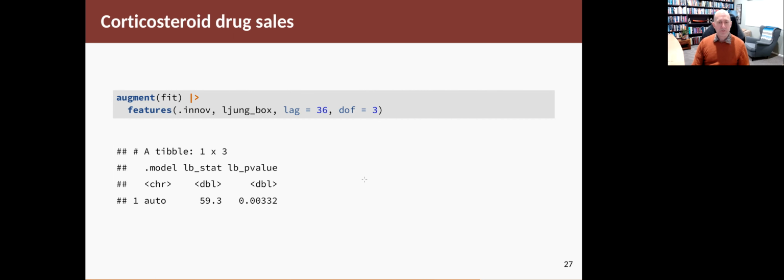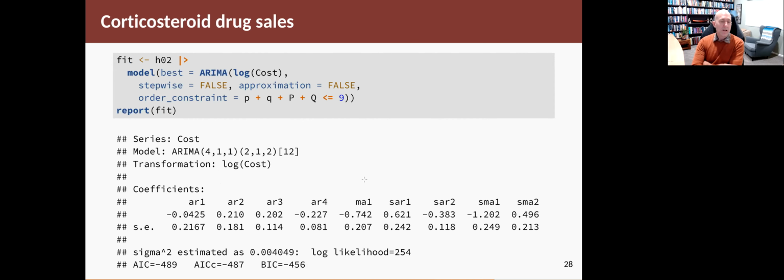Okay, what next? Well, I've picked one by hand and it didn't do so well. I picked one completely automatically and it did a little worse. So let's use the power of computation and make it work really, really hard. I'm just going to say, fit an ARIMA model to the log cost data. No stepwise, so look a bit further afield.